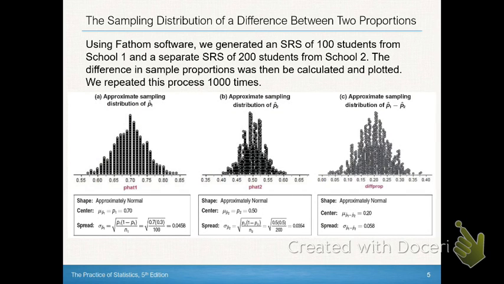In these three graphs, the graph furthest to the left is our sampling distribution for school number 1. You can see that we've got the center at 0.7, and we've got our formula from a previous section of notes where we found the standard deviation of a sampling distribution. Same thing in the middle, that's your second school.